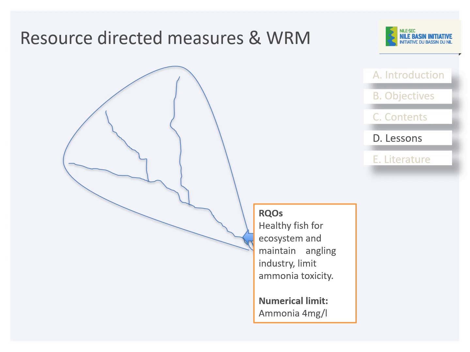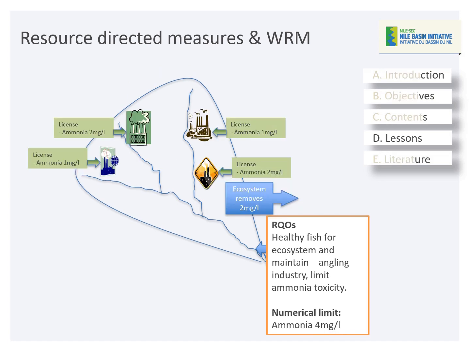And in this example, we may establish the threshold, or the resource quality objective, or the target, as 4 milligrams per liter of ammonia. What's happening in this little sub-basin example is that there are these 4 industries who are all contributing to the ammonia load in the basin, and you can see that they have licenses.